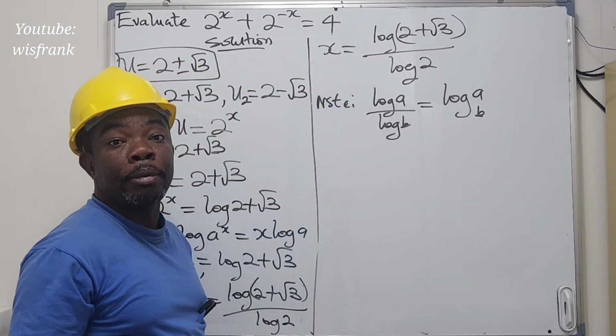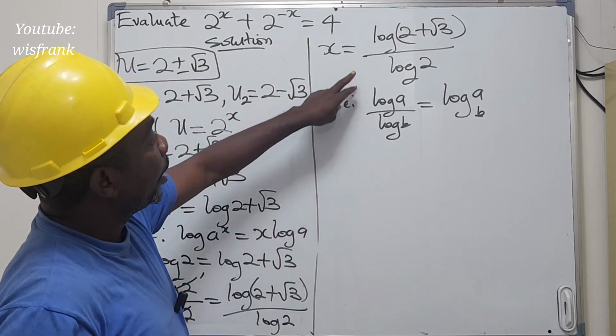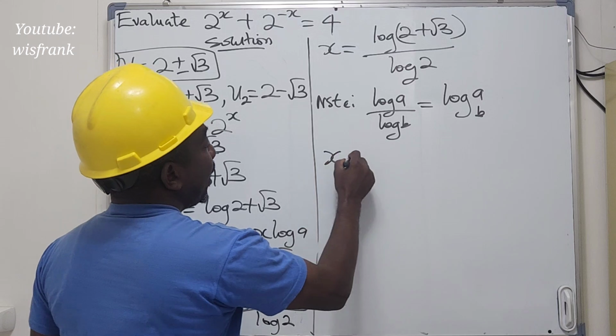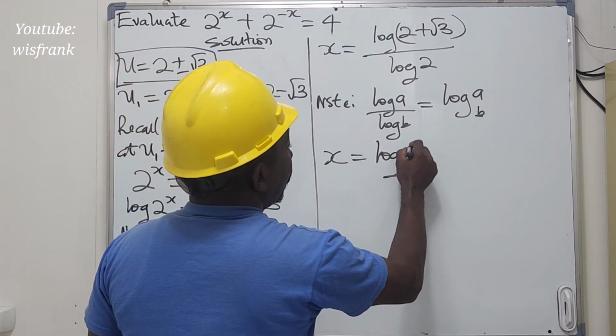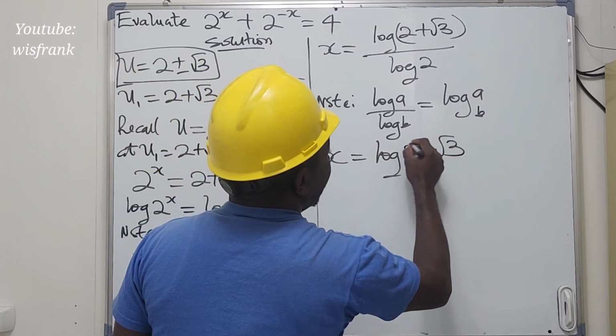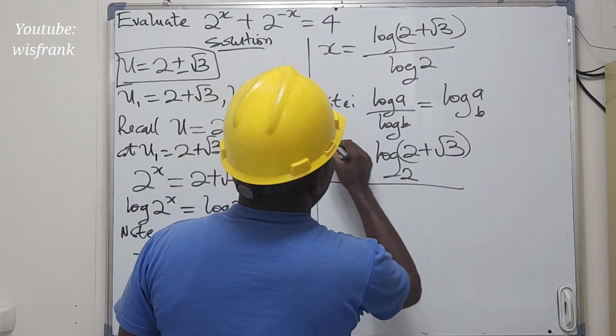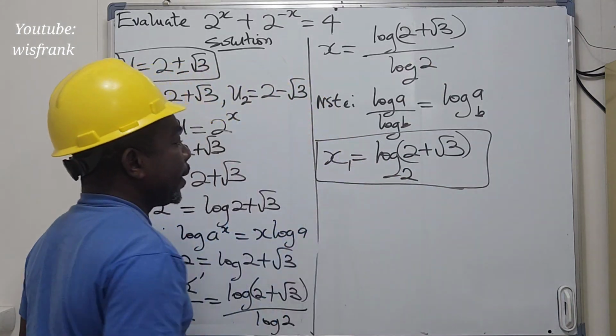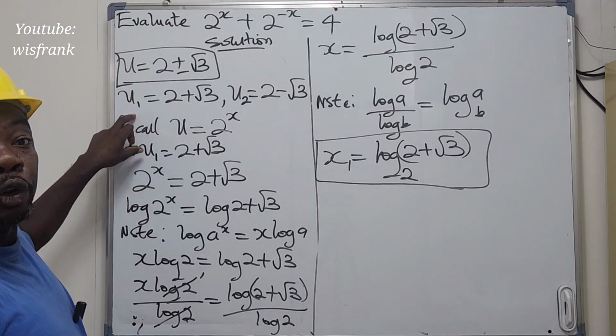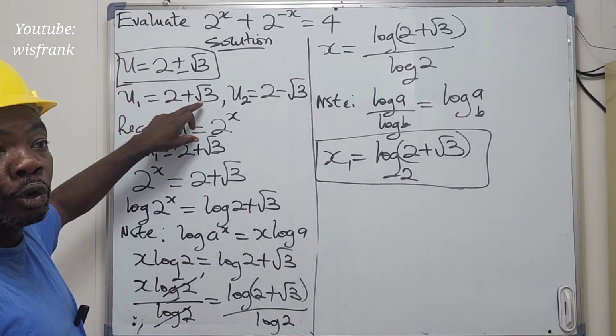So this is the change of base method. So x here can be written as log of 2 plus root 3 base 2. So this is the value of x1 that we have at u1 equals 2 plus root 3.